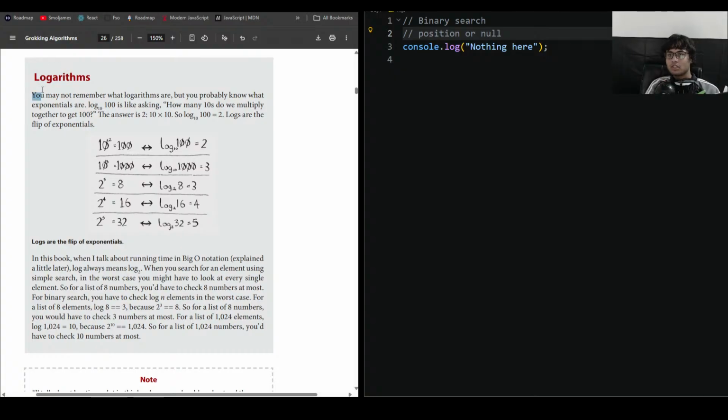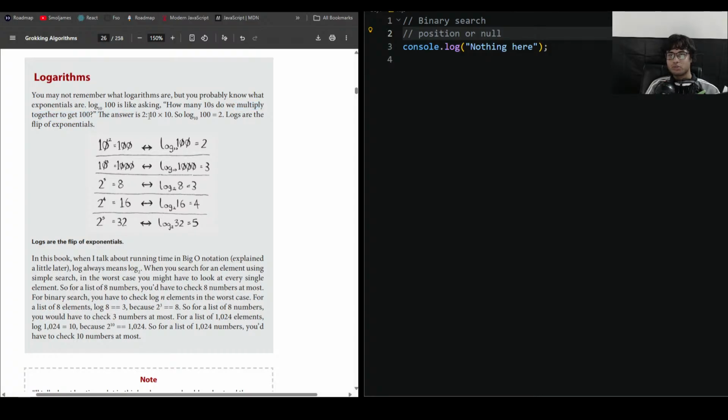Logarithms. You may not remember what logarithms are, but you probably know what exponentials are. Log 10 of 100 is like asking how many 10s do we multiply together to get 100.